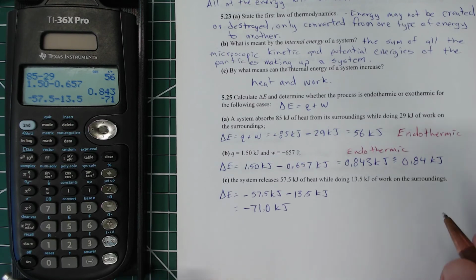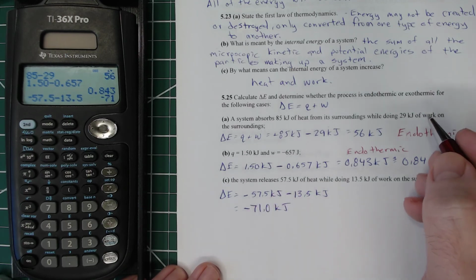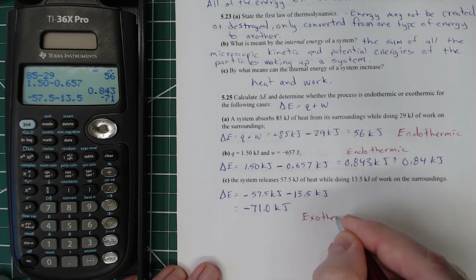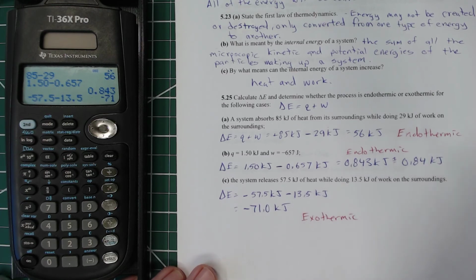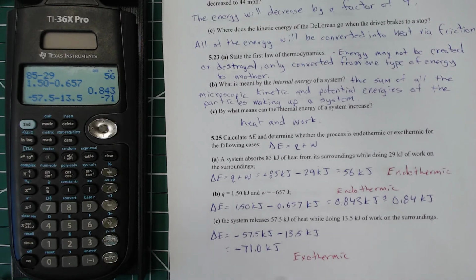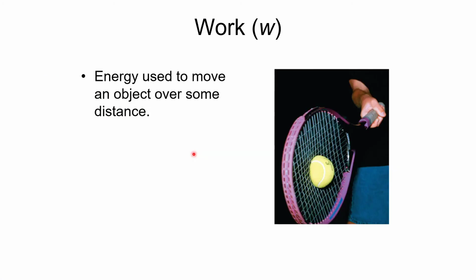All right, and then our final bit is, is this endothermic or exothermic? Well, because Q is negative here, that is exothermic. So that is exothermic. All right, well, let's go back to our presentation.